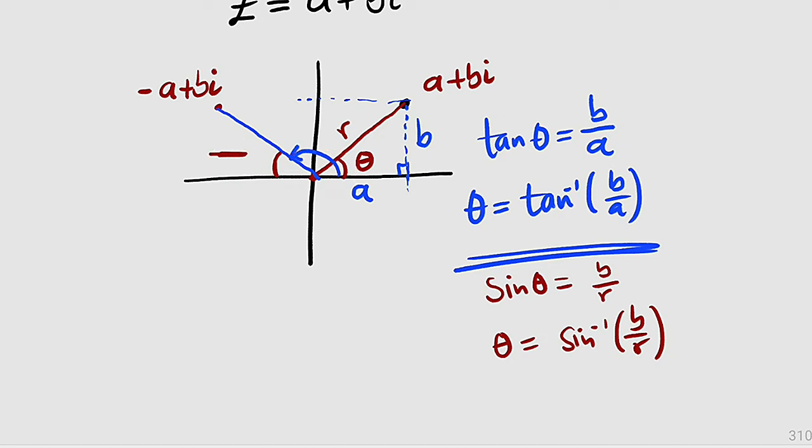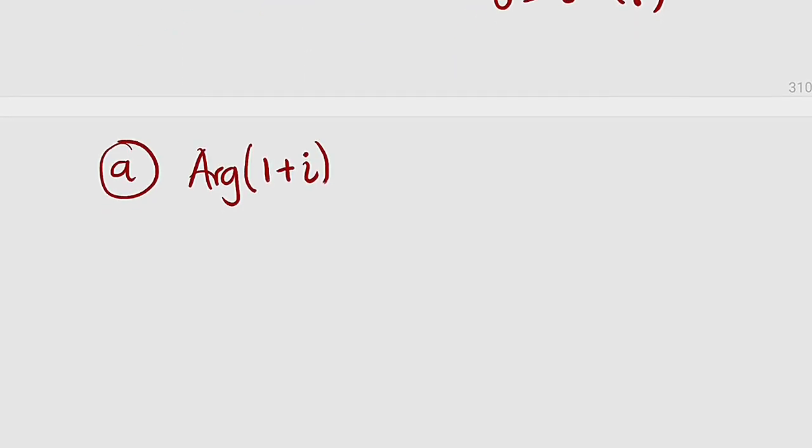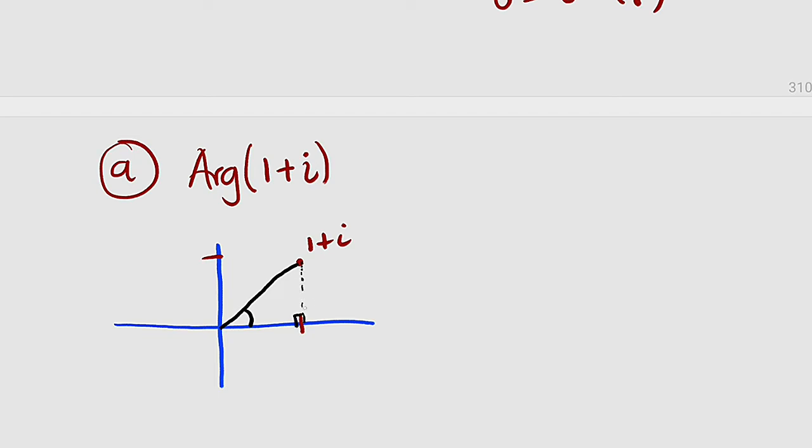So let us apply this idea in solving the rest of these questions. We have the first one here. So let me construct it roughly. You go to the real part 1, you go to the imaginary part 1. So the point of intersection between them will be that complex number. So this is our 1 plus i. But the angle we are looking for is this one, this angle right here. And you can see we have our right angle triangle right here.